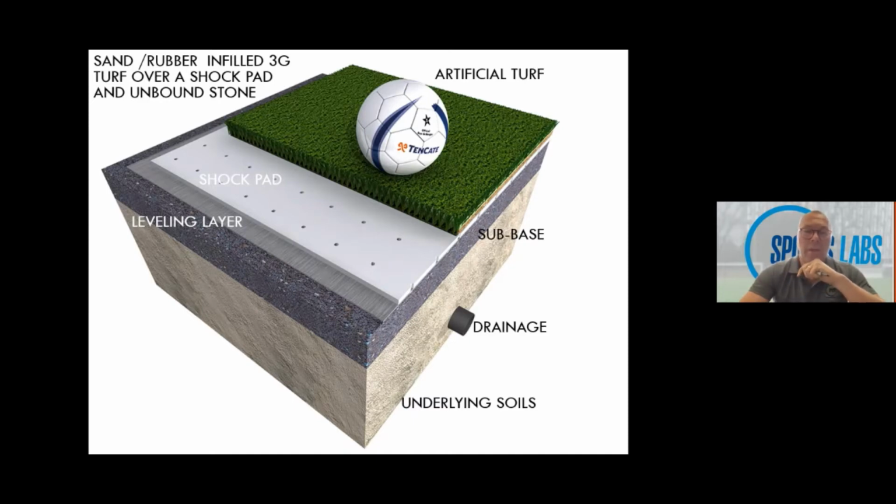Typically you have a levelling layer. You may even have an asphalt layer on top of that, depending on the type of facility. Sometimes there's a shock pad and then the grass is laid on top of that. That's a very typical construction. We'll look at a wee bit more detail into the different types of base construction in a few minutes.